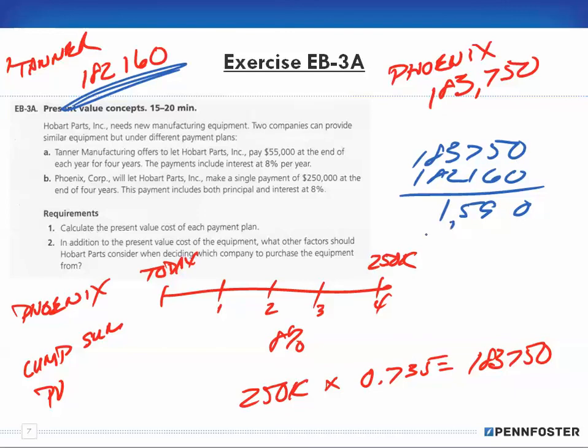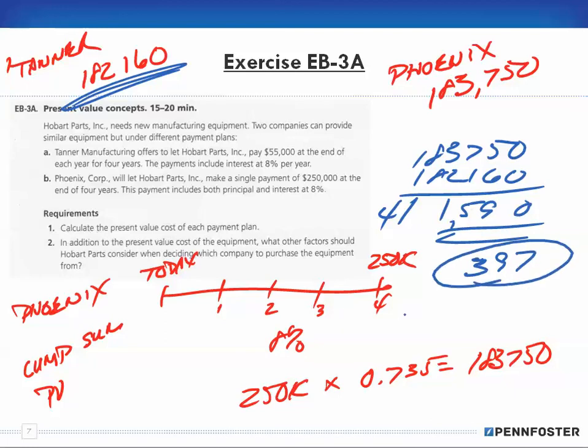So it's $1,590 cheaper to buy it from Tanner than it is to buy it from Phoenix, right? Over the course of 4 years, which is, let's do the math here, 4 into 15 goes 3 times, 12, 39, that's 9, 30, 7. That's about $397 and change per year that you're going to save on that equipment, all right?